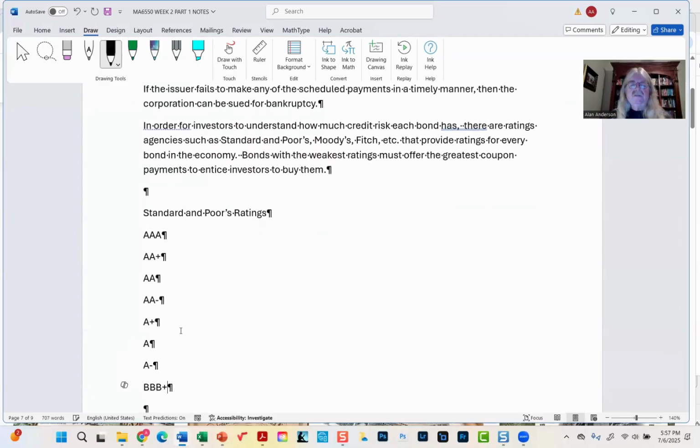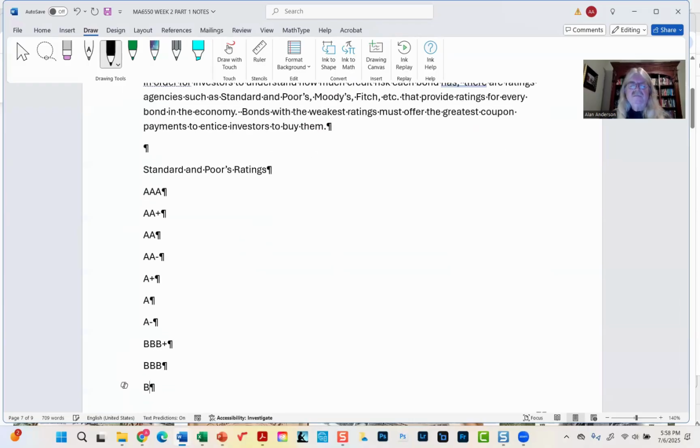Then it goes down to the B's, triple B plus, triple B minus. Now, this collection of ratings, these are all referred to collectively as investor or investment grade bonds. Then you have the so-called junk bonds.